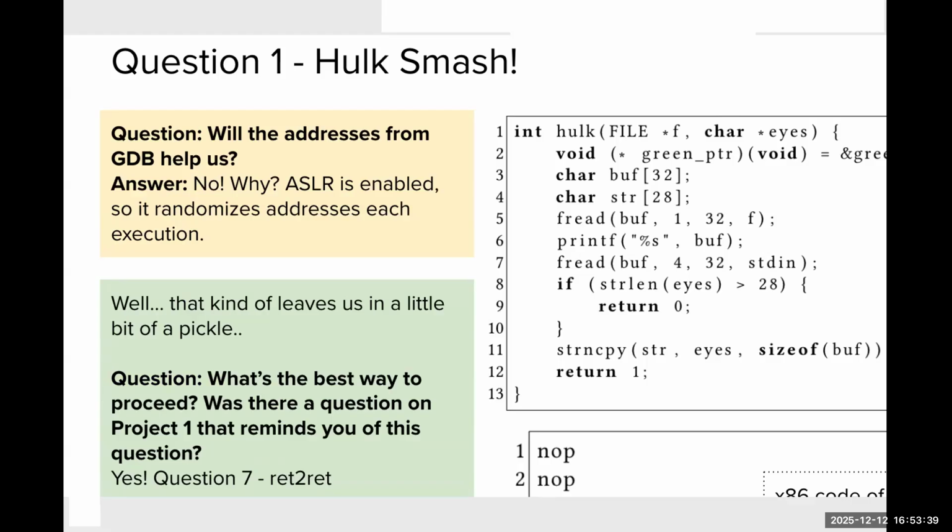So are you guys all familiar, or do you have some faint memory of how the ret to ret attack works? Well, if not, no worries. So remember in ret to ret, the motivation behind it is that first ASLR is enabled, and so we're not able to get the exact address of a shellcode.